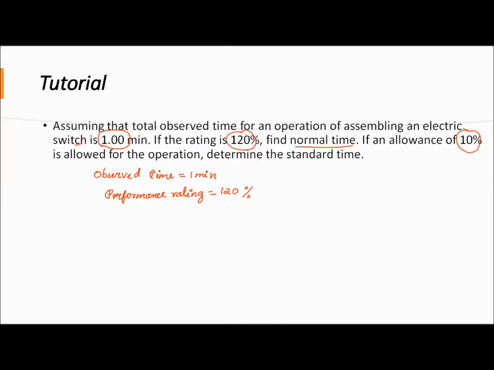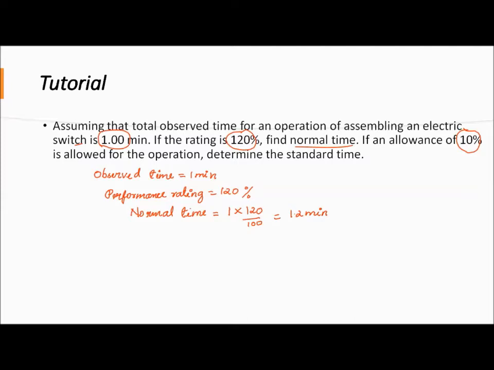So from this equation you can find out the normal time. So what is the equation for normal time? Normal time is equal to observed time into performance rating. So that is 1.2 minutes. So that is the time he will take for completing the job. That is the normal time he will take.